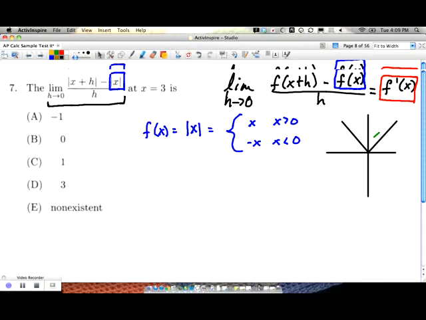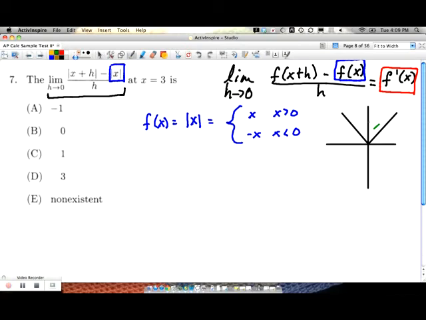Take that back. Try to erase this piece that we just drew. There we go. The slope here is just 1. And the slope on the left side is negative 1.